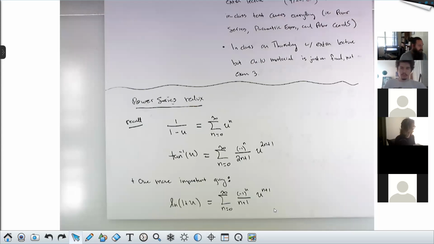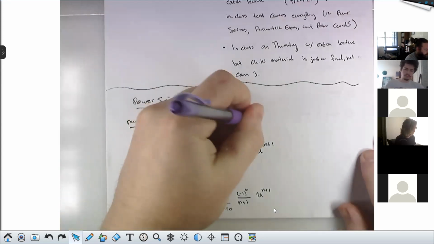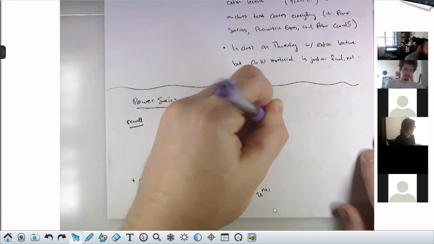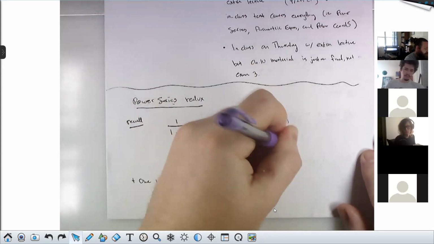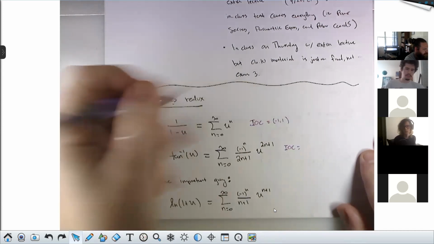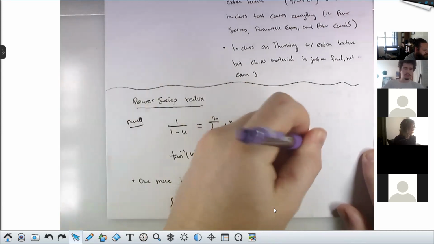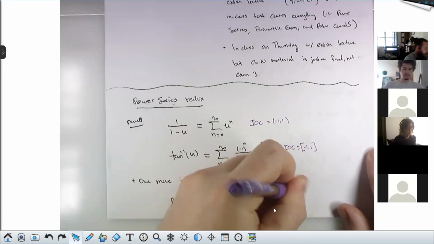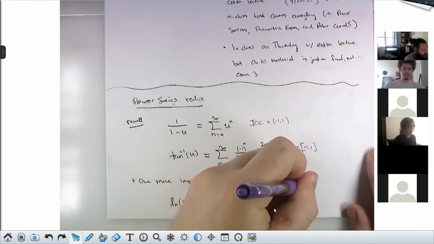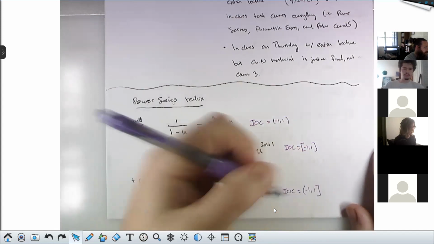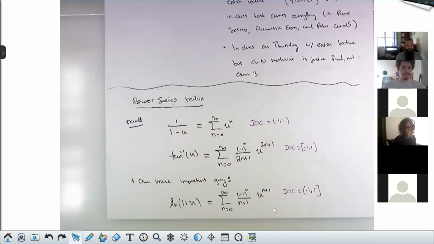The intervals of convergence for each of these: this one is closed on both sides. This one was open on the left and closed on the right. The middle series is a great tool for getting a series representation of pi.